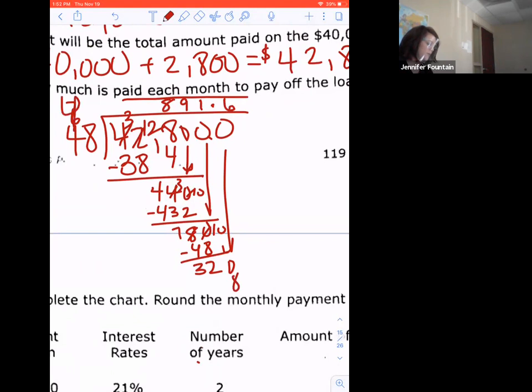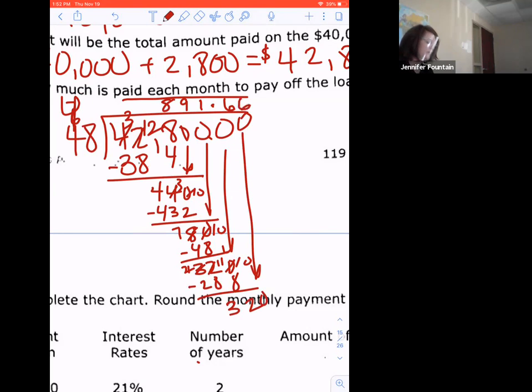Carry my 4. 4 times 6 is 24, plus 4 is 28. So that's going to be 32. So I'm at 320 again, and I'm starting to repeat.